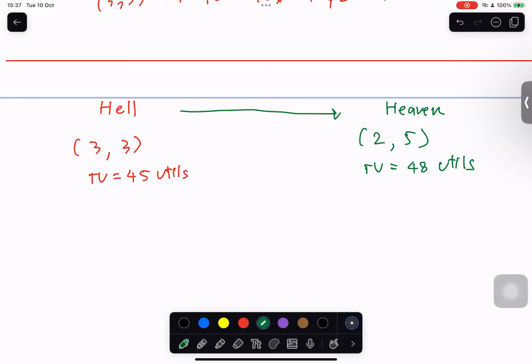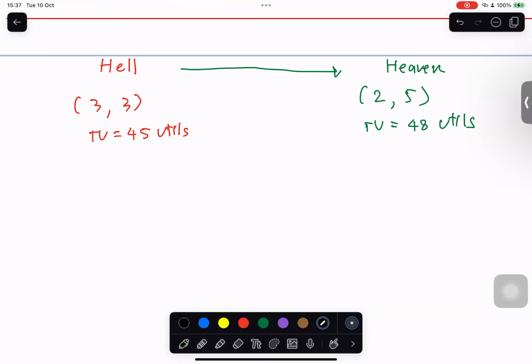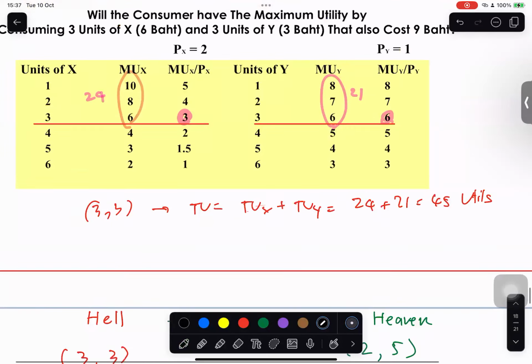I call this that he is now in hell. We are going to move him to heaven. This is a utility maximizing basket, giving higher TU.